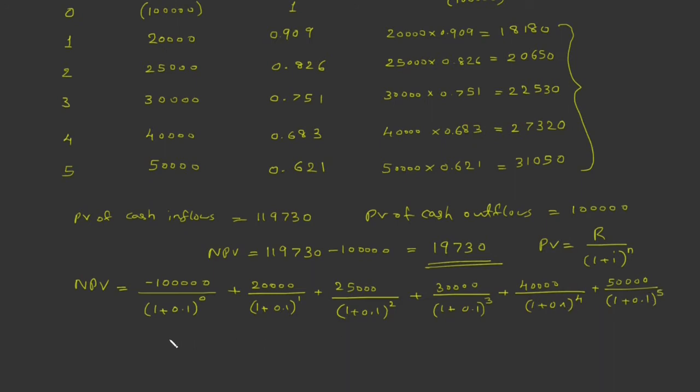It will also be calculated as 19,730. So this is the second method by which we can calculate the net present value by using the formula.